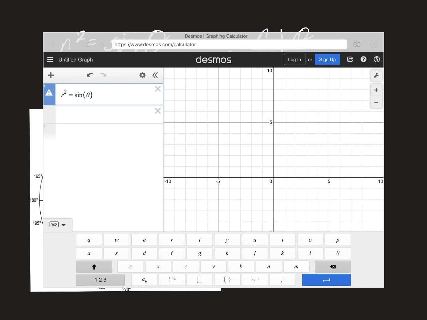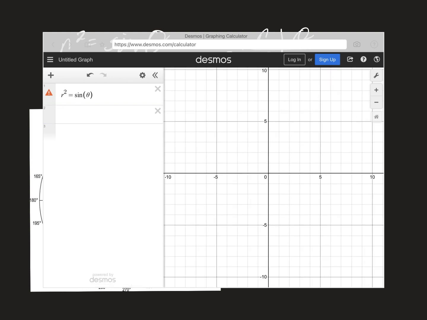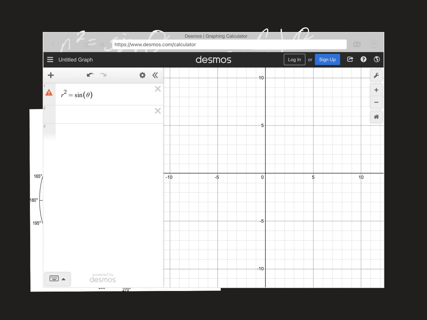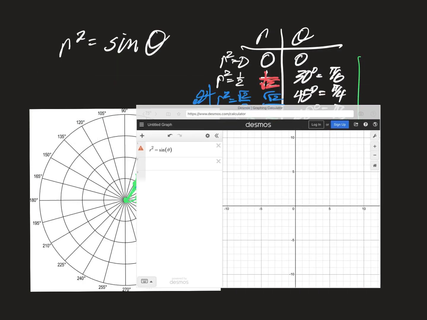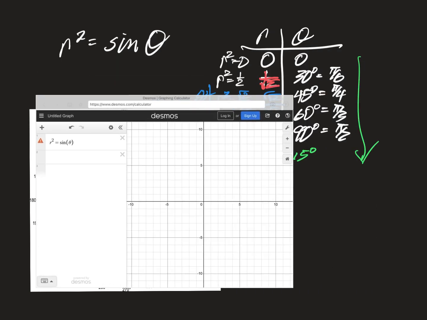It does not like that one. Oh, it doesn't like the r squared. So that presents a conundrum on Desmos. Let me check my other calculator. I'll be right back.